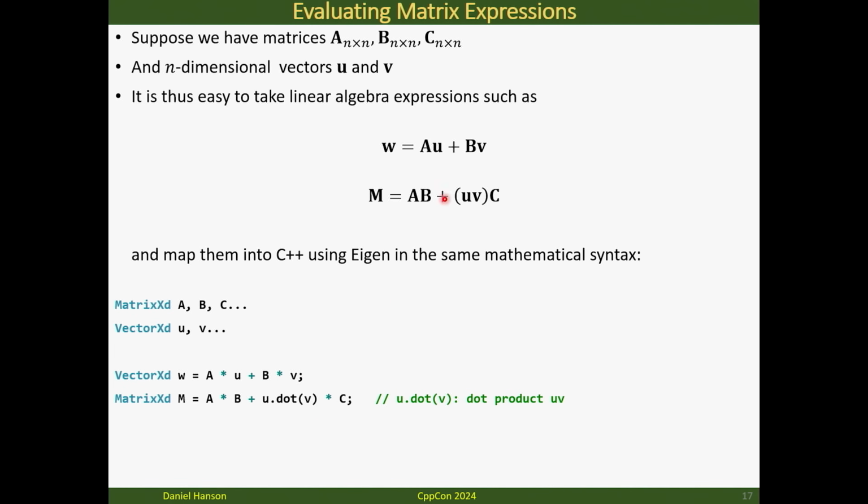And the reason is that a vector XD is a column vector, so if we tried to multiply U times V, it would be undefined. You might recall there was a row vector type, but if you get the order mixed up, you might end up with a singular matrix. So it's safer and best just to use the dot member function.